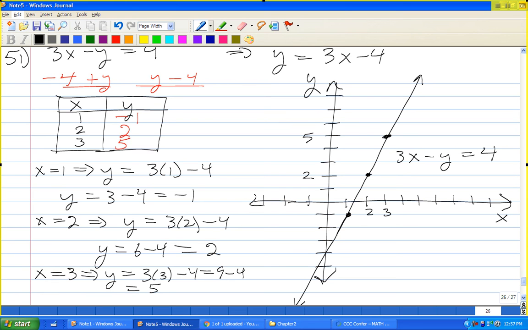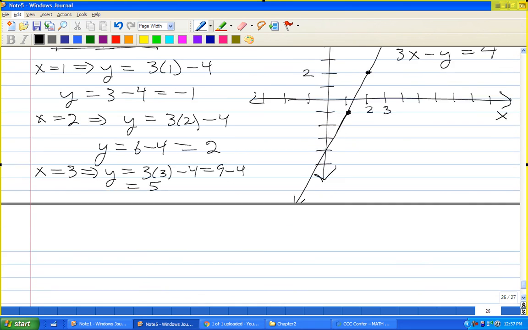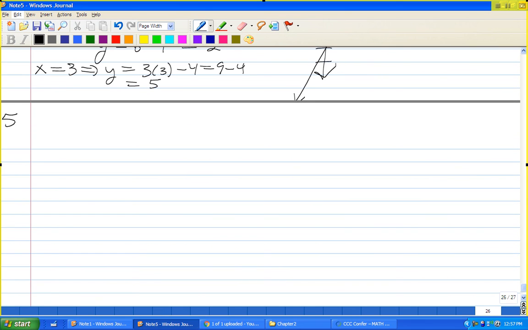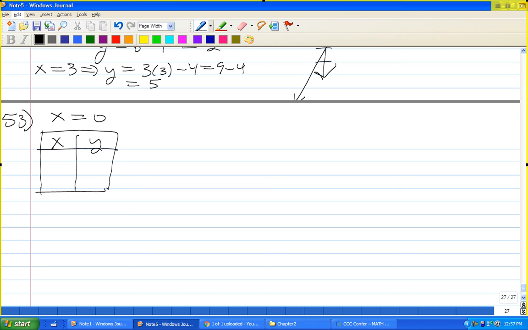Let me do 53. x equals 0. So it doesn't really matter what point you pick. Of course, they can't be too close or too far away. But x is always equal to 0.